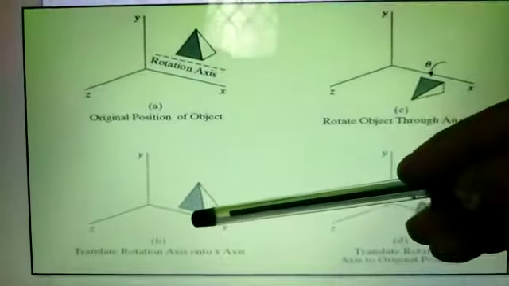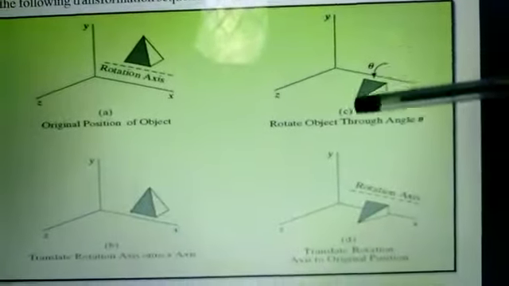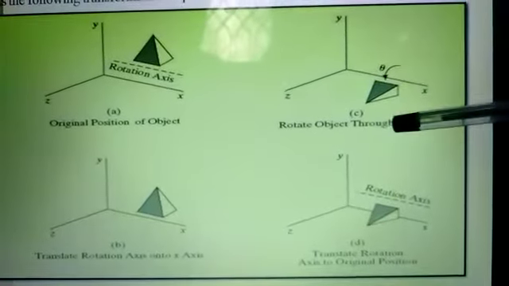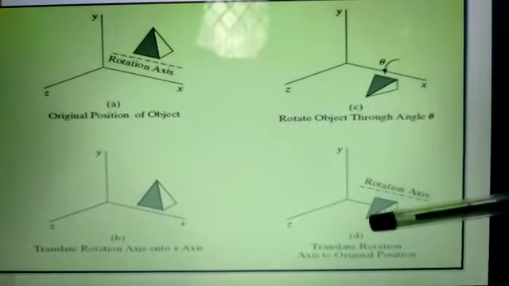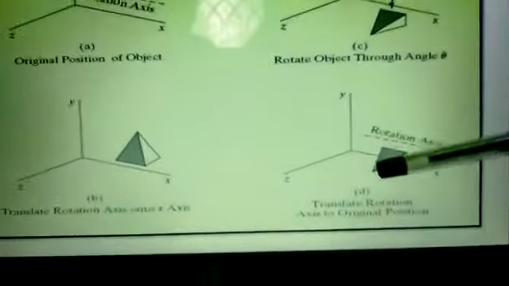Then we rotate by a certain angle theta. Then that rotated object we bring back to its original position, where we are performing the negative translation.